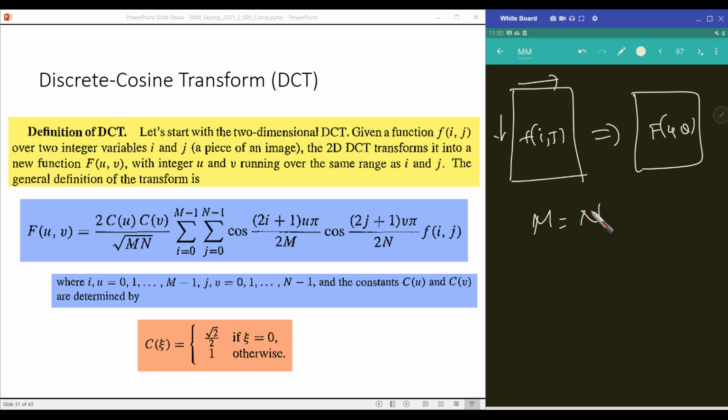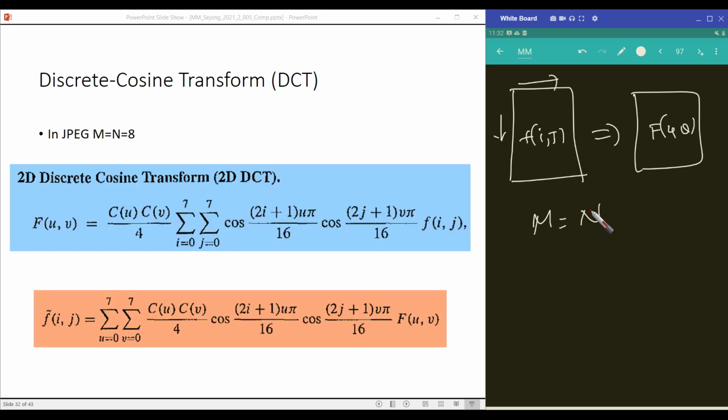And in an image, in JPEG, what we use is exactly 8. That is, we take every eight numbers. So even though your image is, let's say, a large image, we will consider this DCT transformation on an 8 by 8 block. That means we will consider 8 rows and 8 columns.